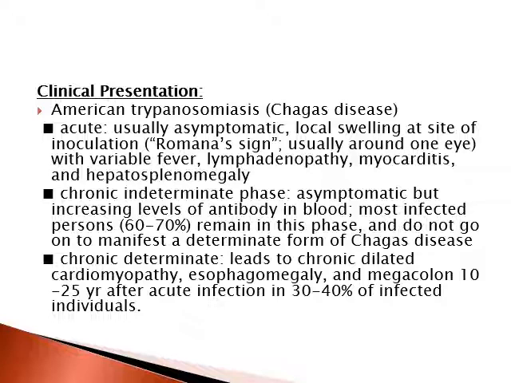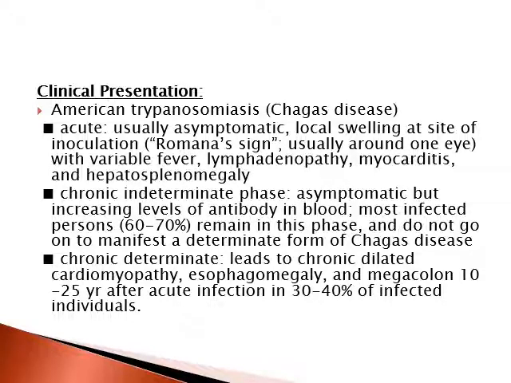Next is the chronic indeterminate phase, an asymptomatic period, but with increasing levels of antibody in the blood because the trypomastigotes are replicating as amastigotes inside the tissues. Most infected persons, about 70%, remain in this phase and don't go further, but some of them develop the determinate form of Chagas disease.